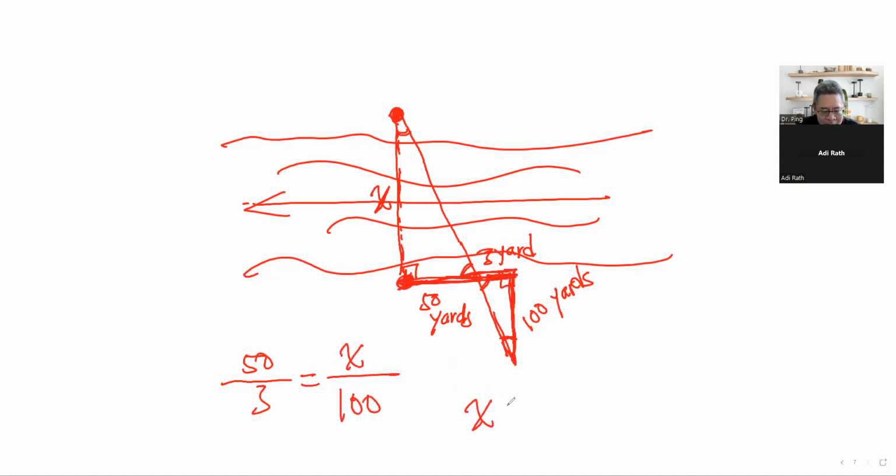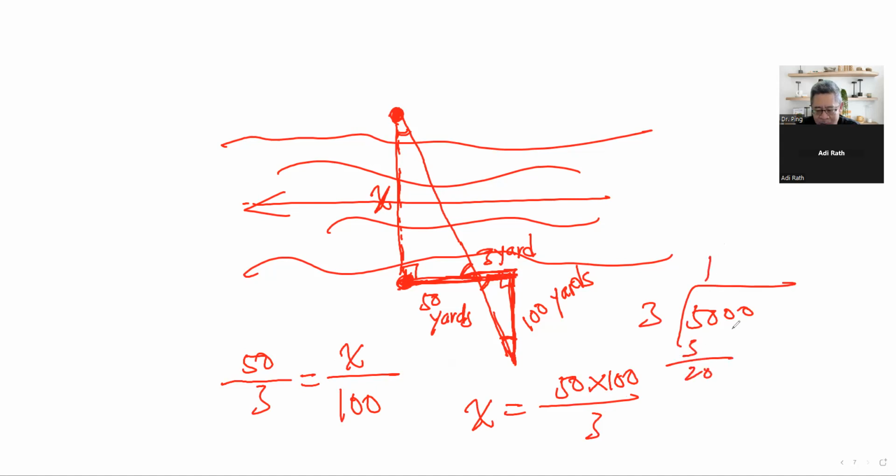So therefore, x is 50 times 100 divided by 3. So 50,000 divided by 3, we got what? 1, 6, 6, 6.6 bar. So we got 16,666.6 bar yards. Good.